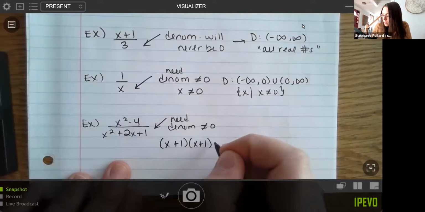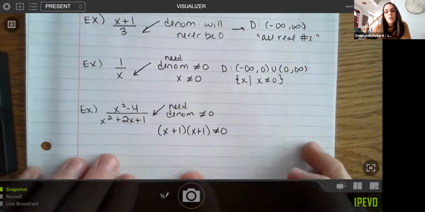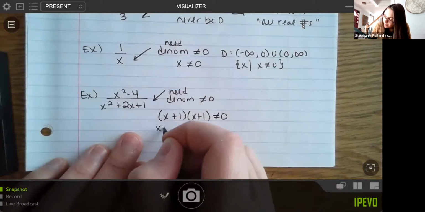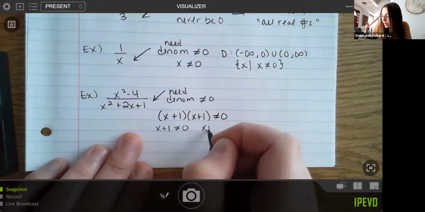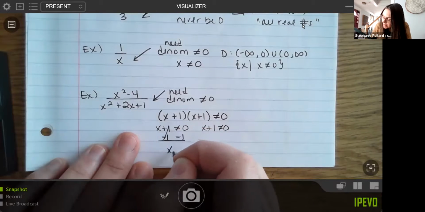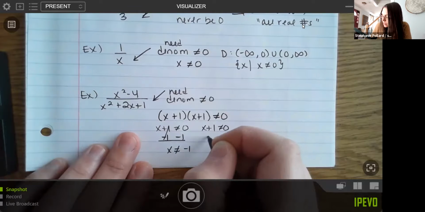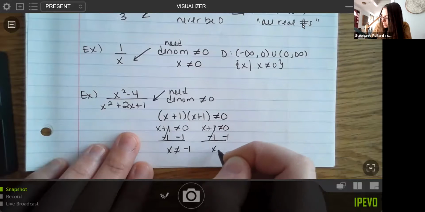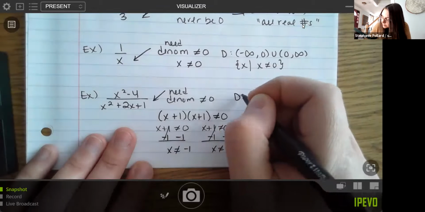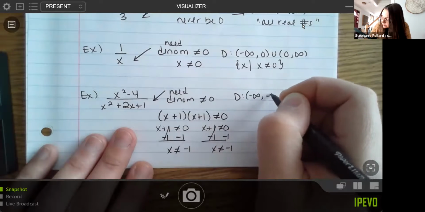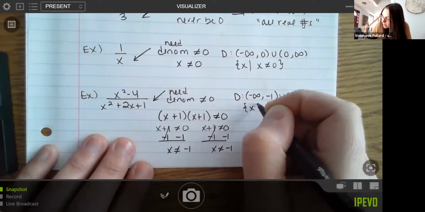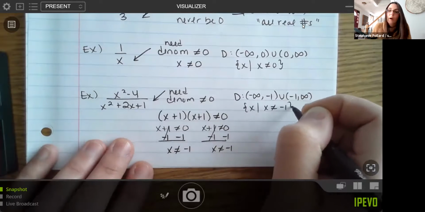So I want to make sure that this is not equal to 0. And what you can do is just solve it very similar to if it was equal to 0. You set each factor equal to 0 and solve, or not equal to 0 in this case. So I subtract 1 from both sides. Now I get the same answer in each case here, right? Same factor, subtract 1. So x cannot be -1. So I have one value I need to exclude here. So again, all values are okay, but x cannot be -1.